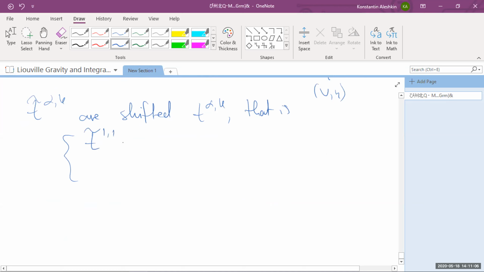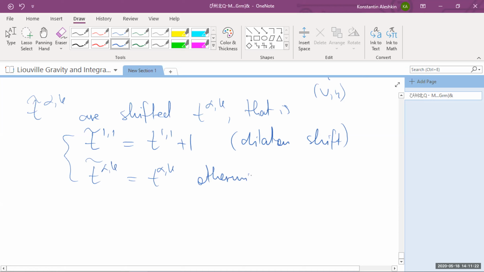T twiddle 1 1 is t1 1 plus 1, and t twiddle alpha k is just t alpha k otherwise. So this equation, L minus 1 on exponent of F1 over Q equal to 0, is called the string equation.